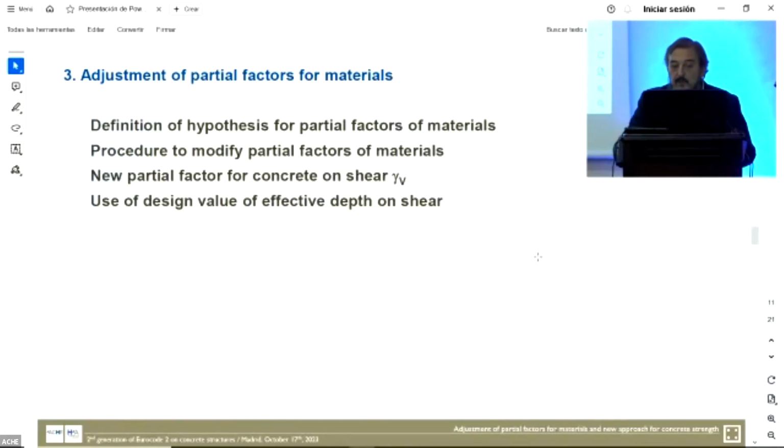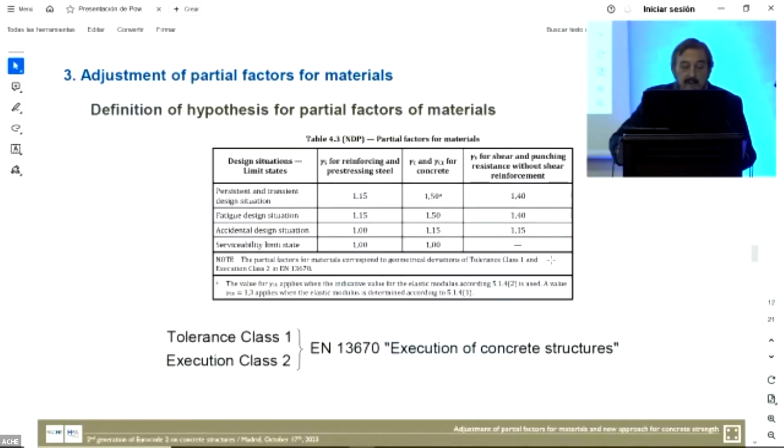We have a procedure to modify these partial factors if our variables of the materials are different than those supposed. And we have, besides, a new partial factor for concrete, gamma V, and we may use a design value of the effective depth instead of the nominal value as usual. So I'm going quickly to see these 4 points.